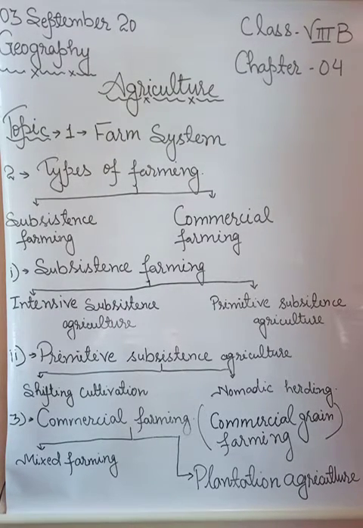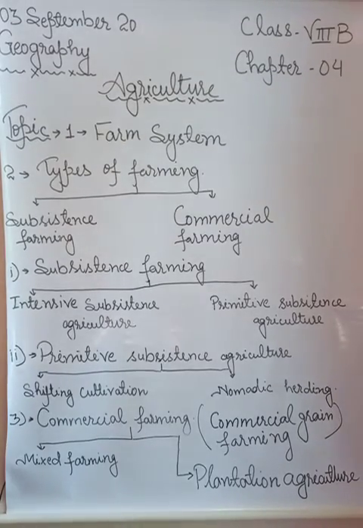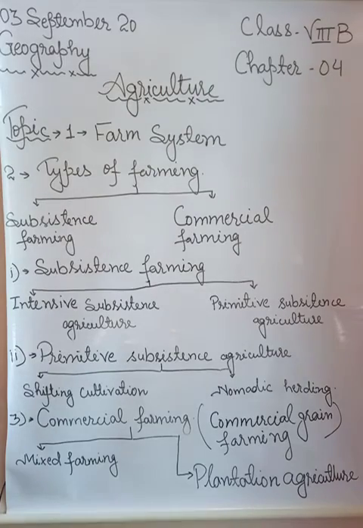Understood? So students, the outputs from this system are what farmers get, like crops. If farmers are rearing animals, then they will get wool, and if anyone is busy in dairy farming, then they will get milk, and if anyone is busy in poultry, then they will get eggs.